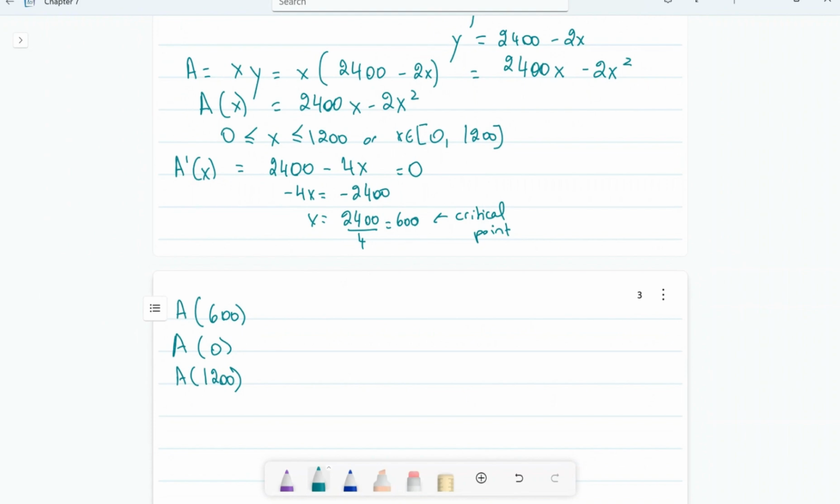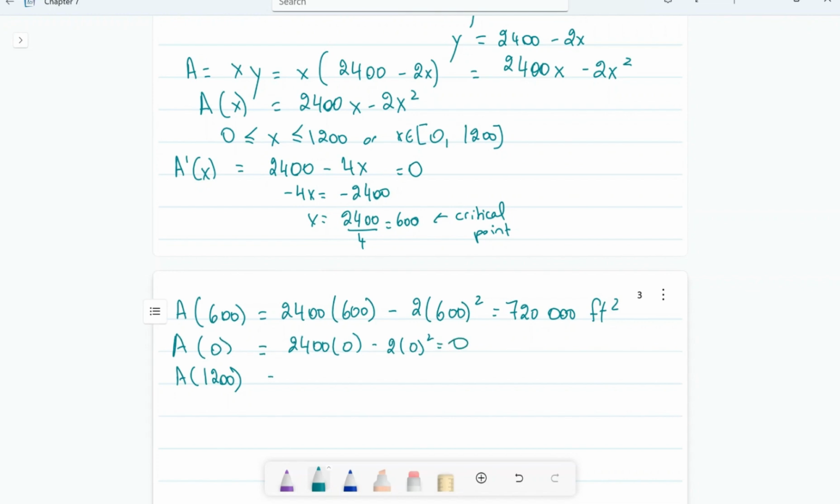If I were to plug in 600 into the function A of x, this will give me 2400 times 600 minus 2 times 600 squared, which is equal to 720,000 feet squared. A of 0 is equal to 2400 times 0 minus 2 times 0 squared, which is 0.